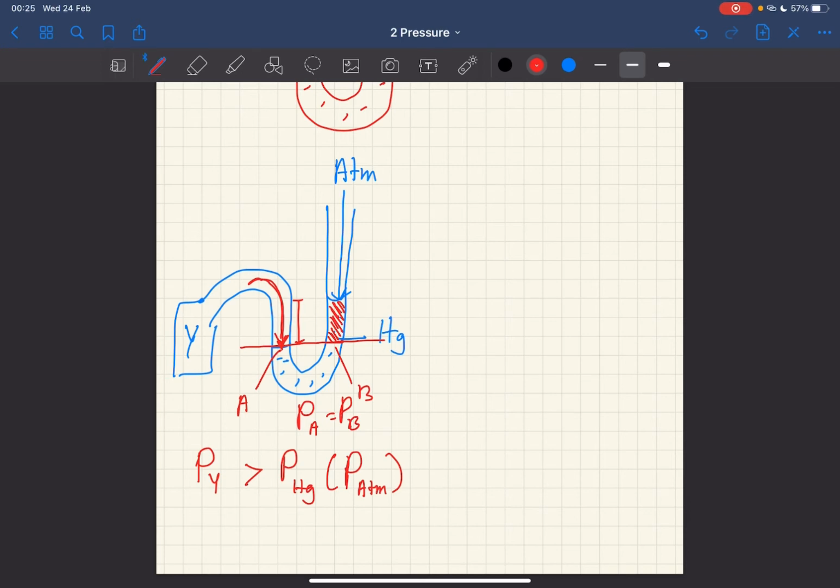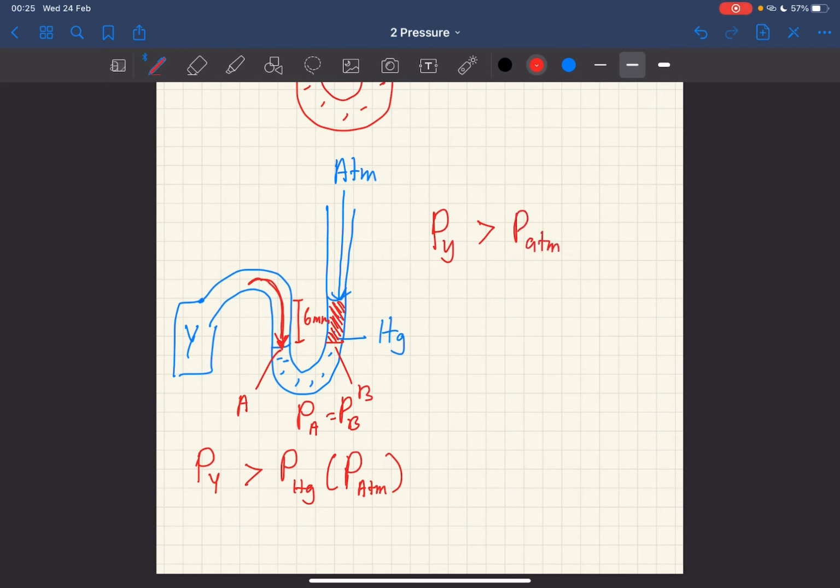Let's see, this is 6 mmHg, or you can just say it's 6 mm. So you know that pressure Y is greater than pressure ATM.